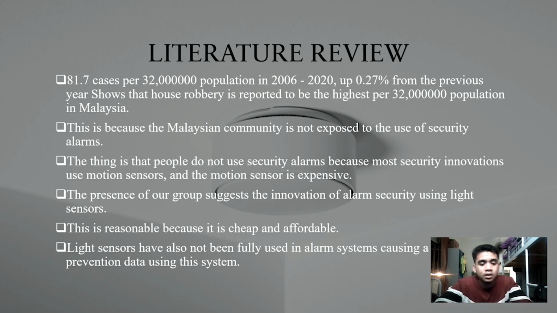The fifth point is that it is reasonable because it is cheap and affordable. And the last point is that the light sensor has not been fully used in alarm systems, causing a lack of prevention data. In Malaysia, the light sensor has not been widely used, so we do not have data about its wide use.